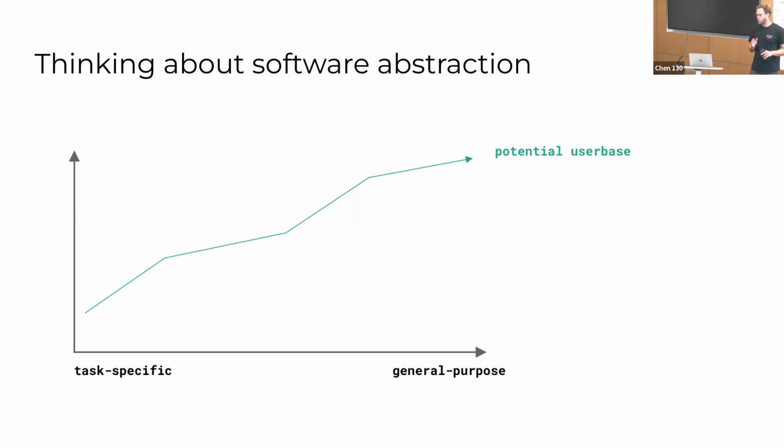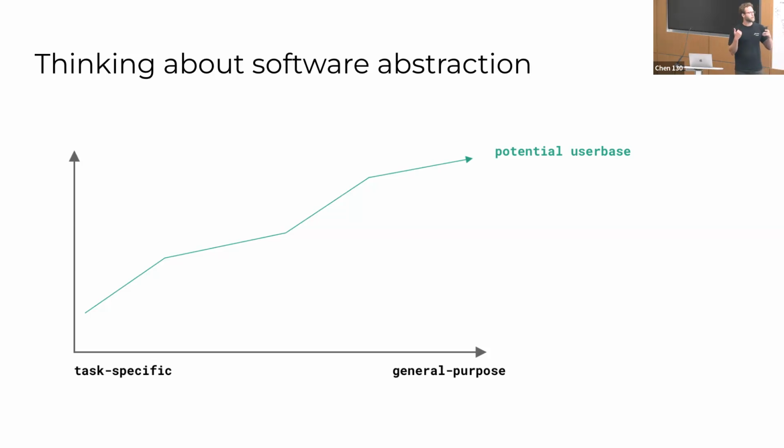So if you think of a super general purpose piece of software, on that far right end, an extreme example would be a Linux operating system. That is a very, very general purpose piece of software. Because it's general purpose, it's useful for a ton of people. It's a huge potential user base.